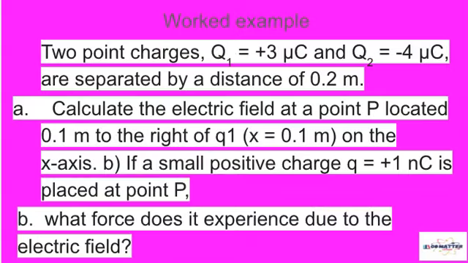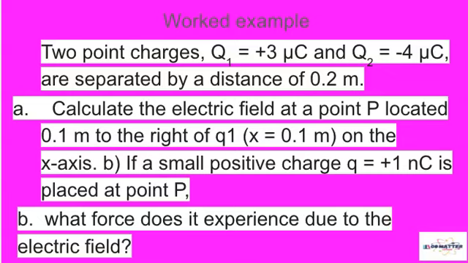Worked example. Two point charges, Q1 equals positive 3 microcoulomb and Q2 equals negative 4 microcoulomb, are separated by a distance of 0.2 meters. A. Calculate the electric field at the point P located 0.1 meter to the right of Q1 on the x-axis.